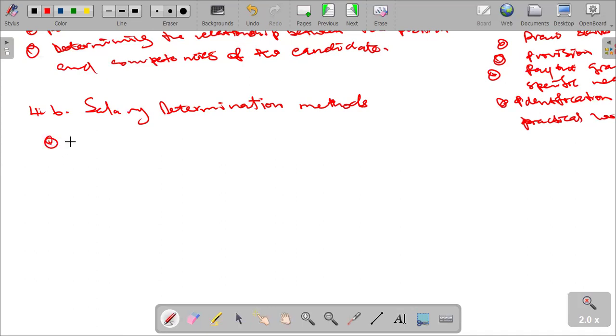We can have one, piecemeal. Workers are paid according to the number of items or units produced.